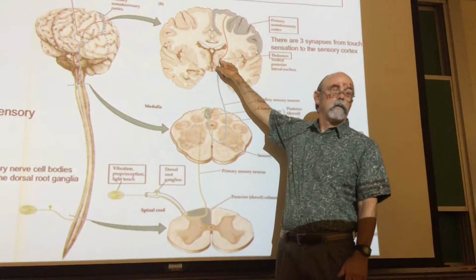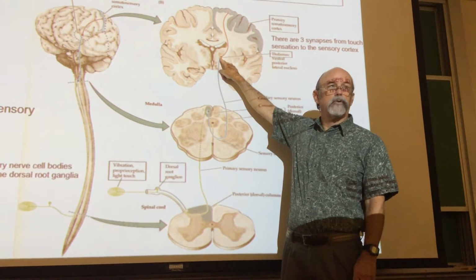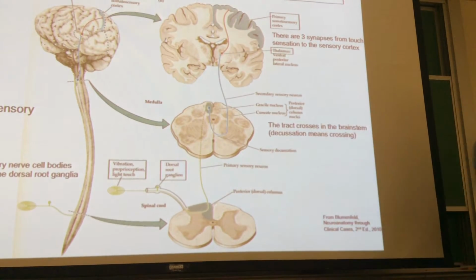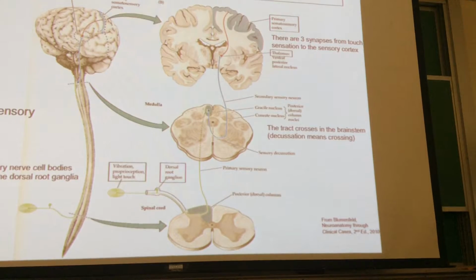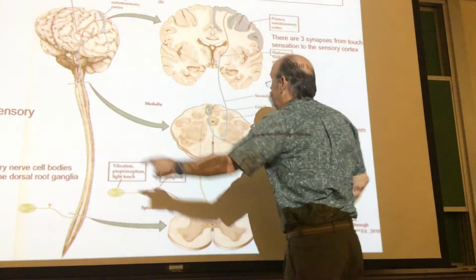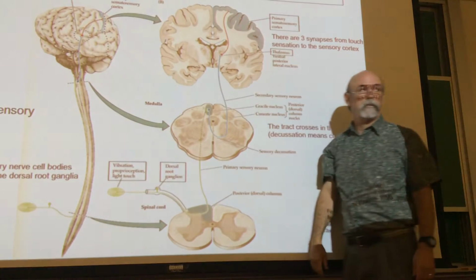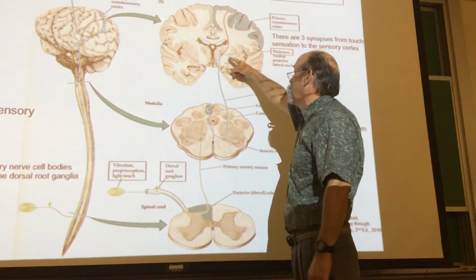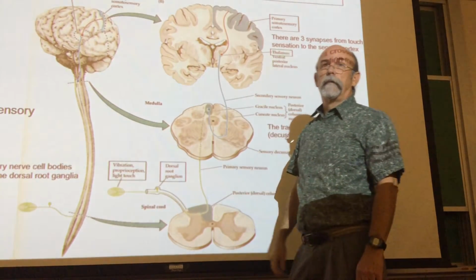It goes up to the thalamus, makes a synapse there, synapse number 2. Then it goes on up to somatosensory cortex, making a synapse up there. So we count that synapse. That's why there are 3 synapses from the pressure to the end stage, just so there isn't confusion. Some people look at this and say, well, there's only 2 synapses here. Oop, there's one up there.